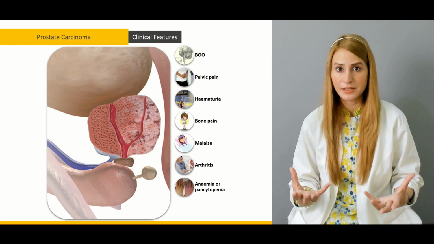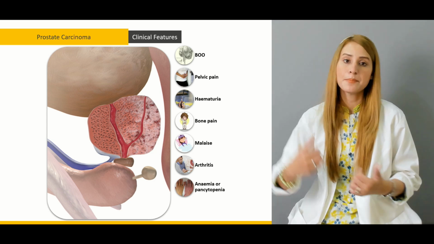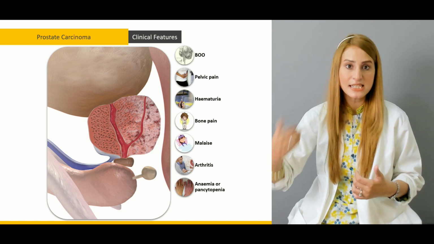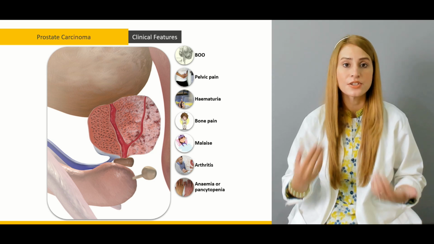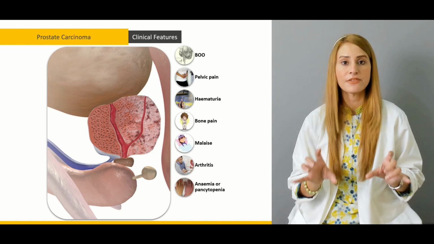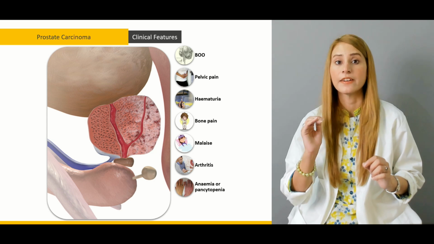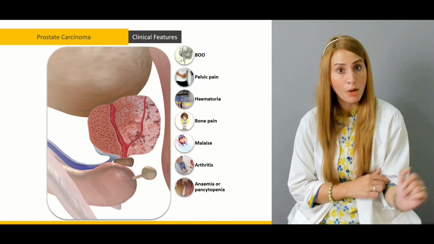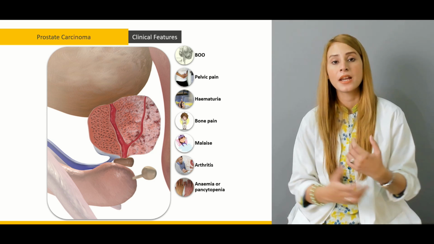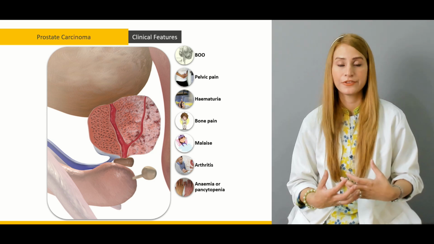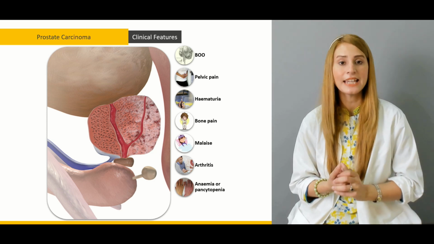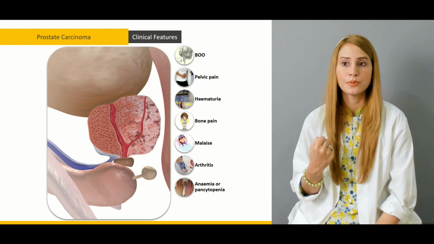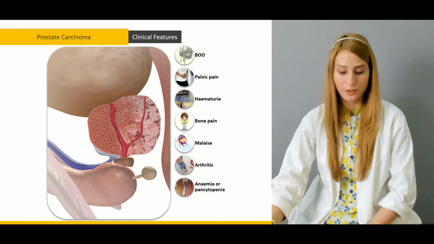And whenever there is an obstruction to the flow, there's a back pressure on the kidneys, and ultimately the kidney function starts deteriorating. And we know that kidneys are responsible for the production of erythropoietin, which is very important in the production of hemoglobin. So because of the decreased function of the kidneys, erythropoietin production is decreased and there would be anemia.